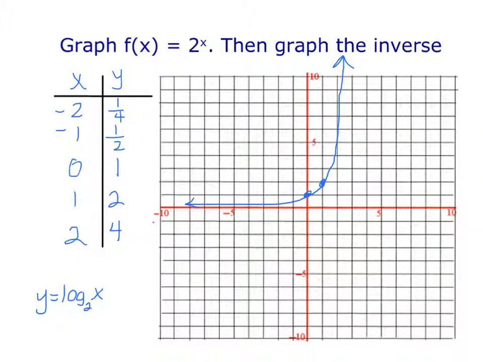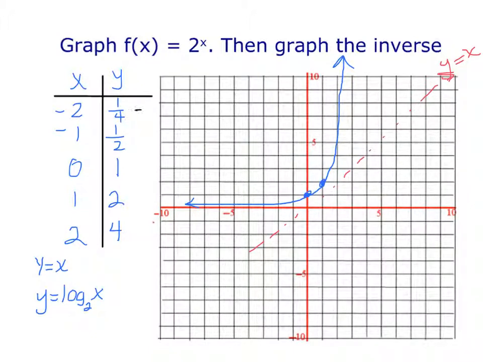Okay. All right, so remember that to graph the inverse is the reflection over the line y equals x. So I'm going to draw that line just to remind us that this is y equals x. And then to graph the inverse, I'm just going to switch it backwards.